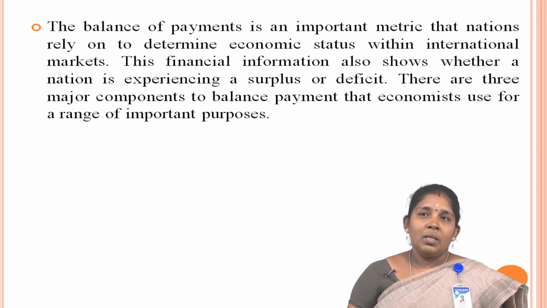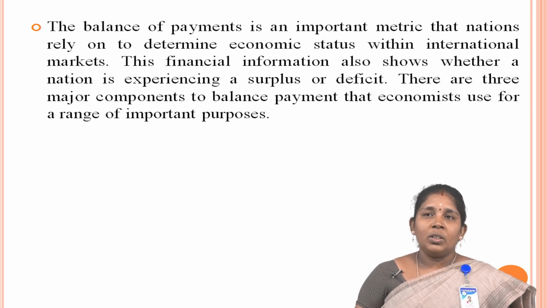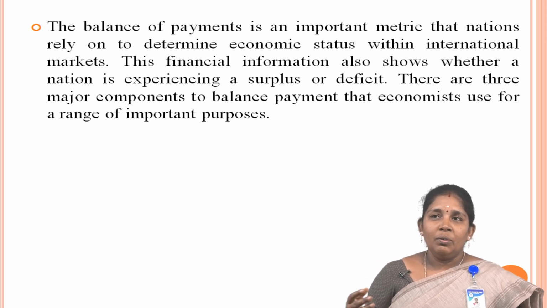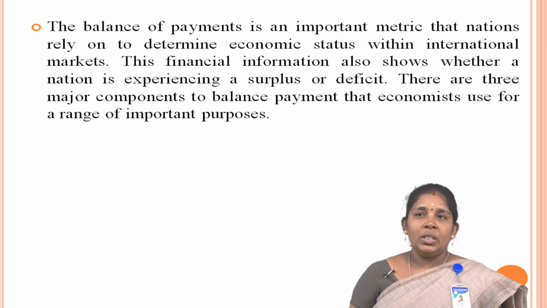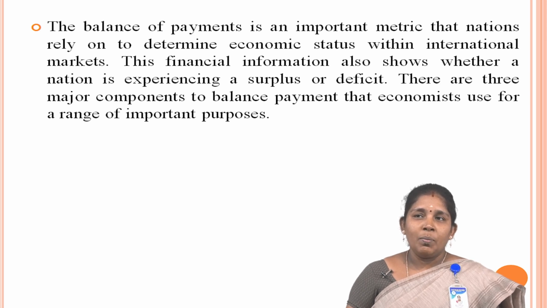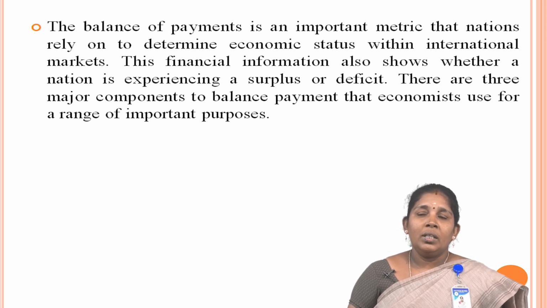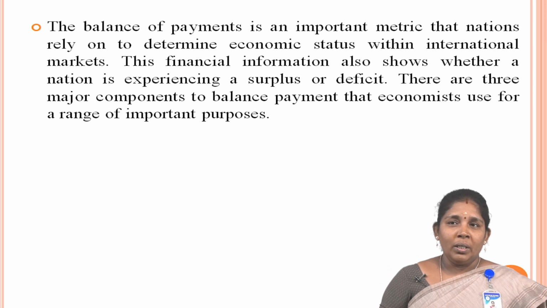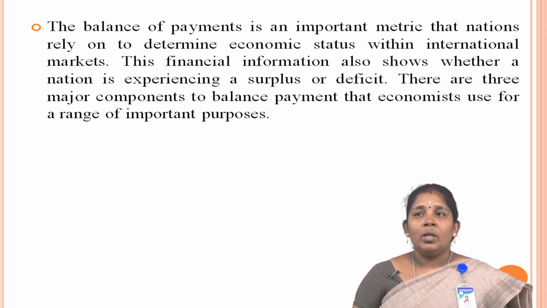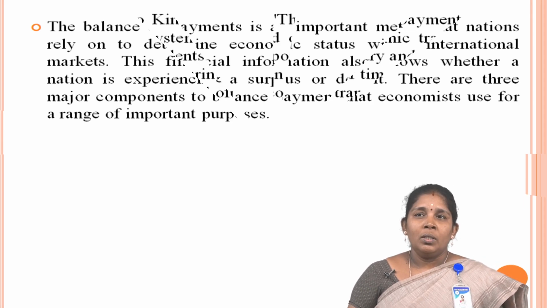The balance of payment is an important metric that nations rely on to determine economic status in the international market. This financial information also shows whether a nation is experiencing a surplus or deficit. There are three major components to balance of payment that economists use for a range of important purposes.